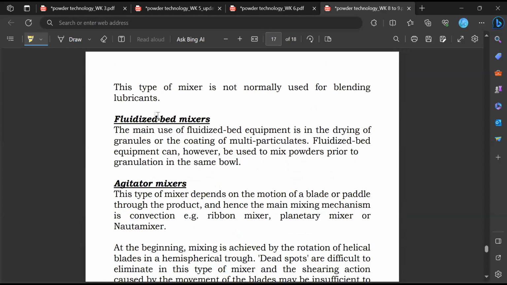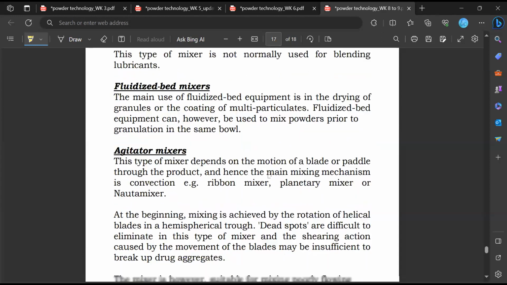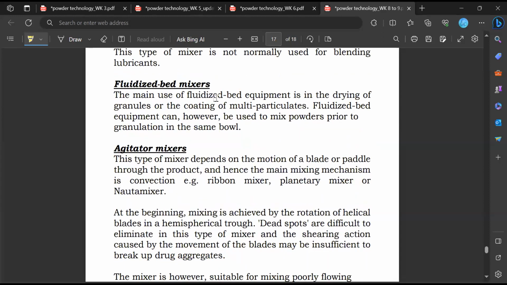Then you have the fluidized bed mixers. For fluidized bed mixers, it is mostly drying of the granules or coating them with multiple particulates. Then you have the agitator mixers.